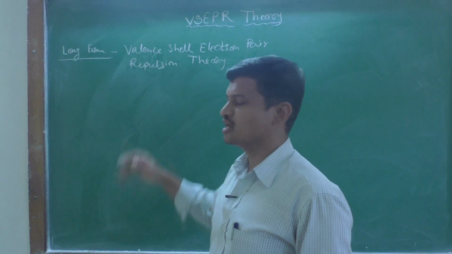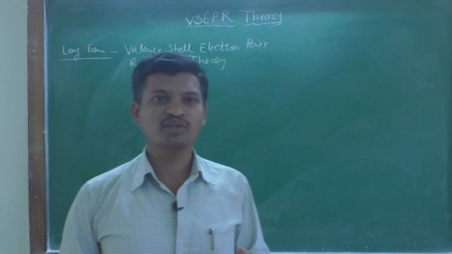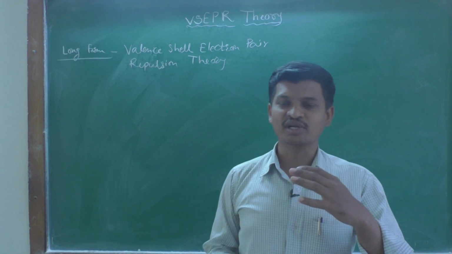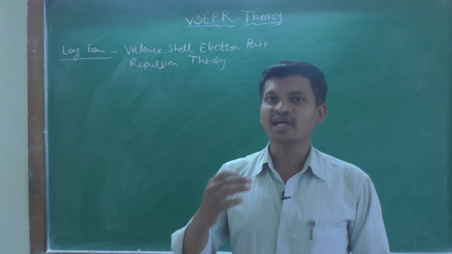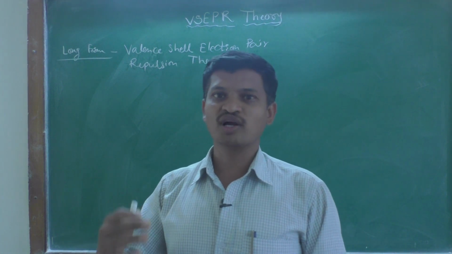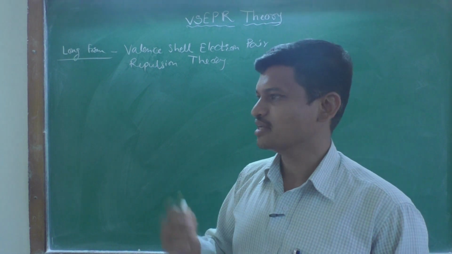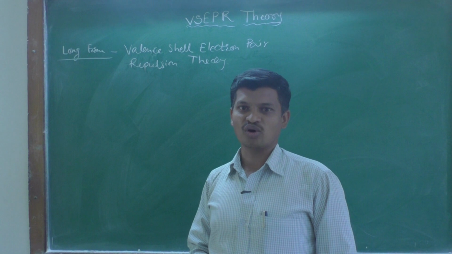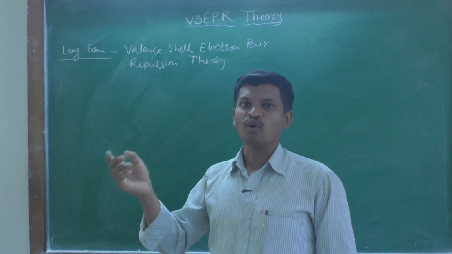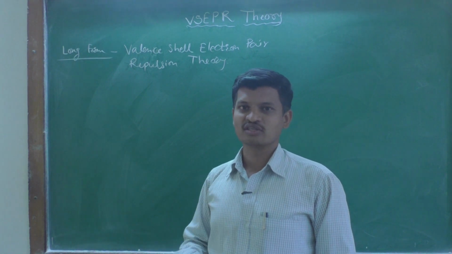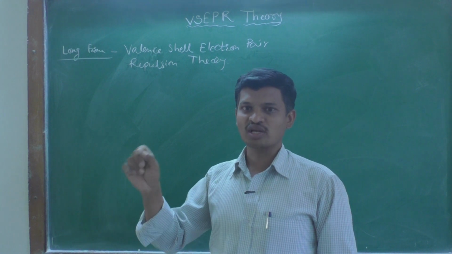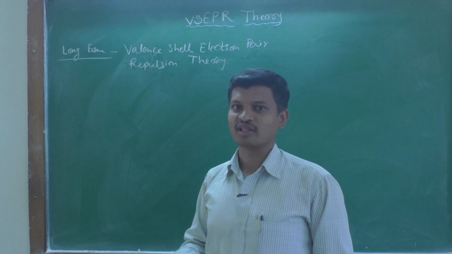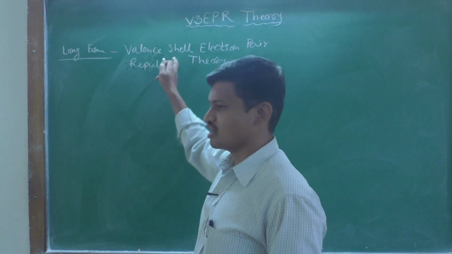So what is meant by valence shell? We know that in an atom of a multi-electron element, a number of shells are possible: 1, 2, 3, 4, etc. In such cases, the last shell, the shell in which the outermost electron is present or the last electron enters while filling the orbitals, is called the valence shell.